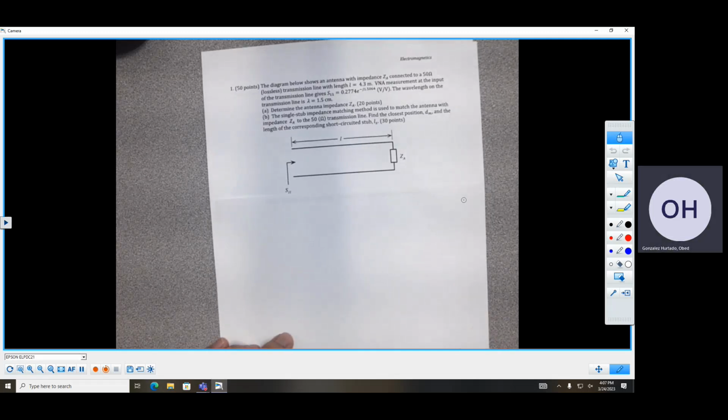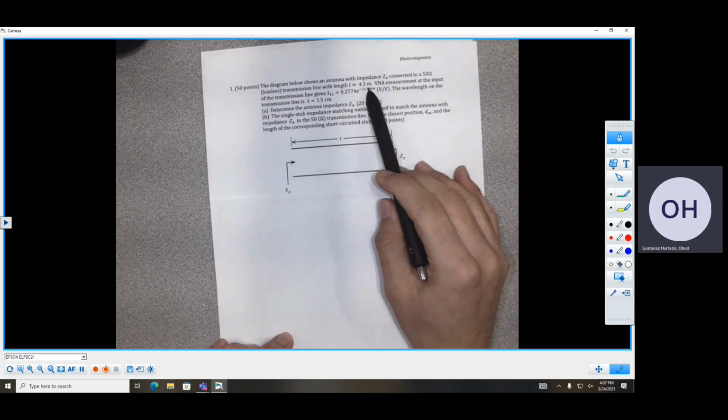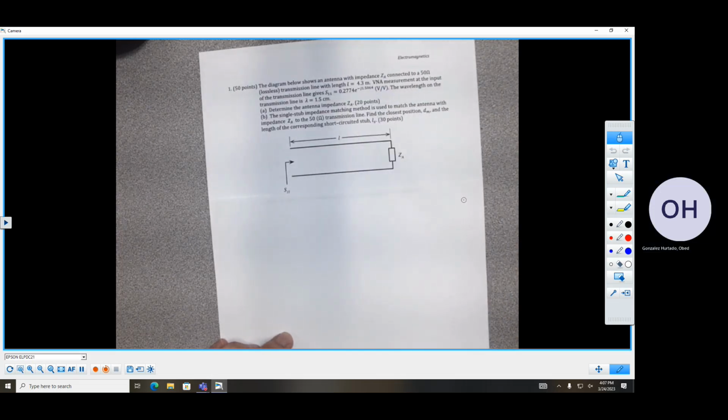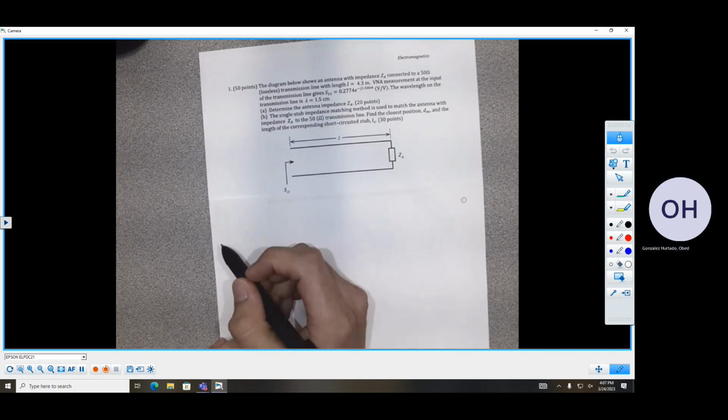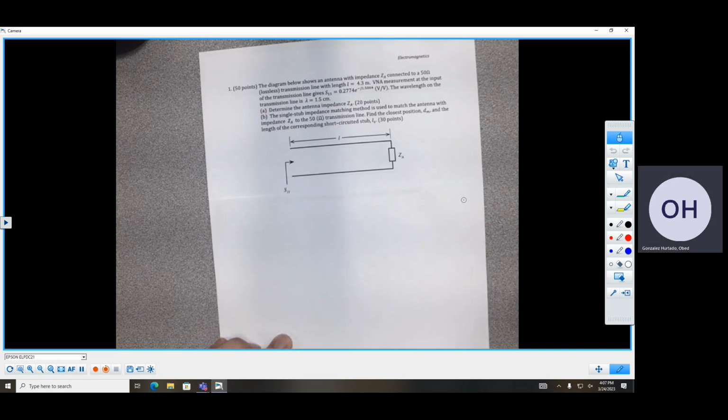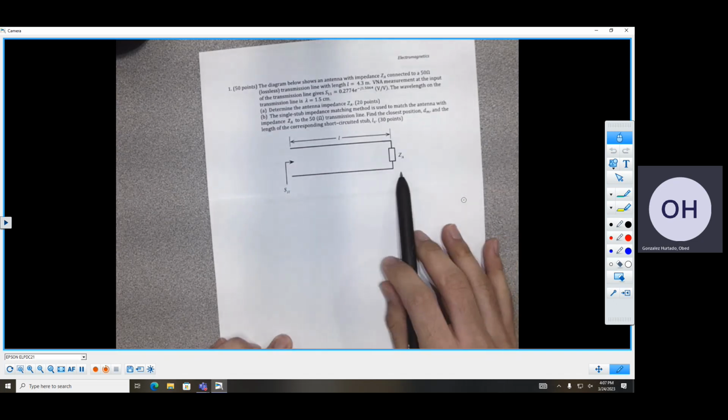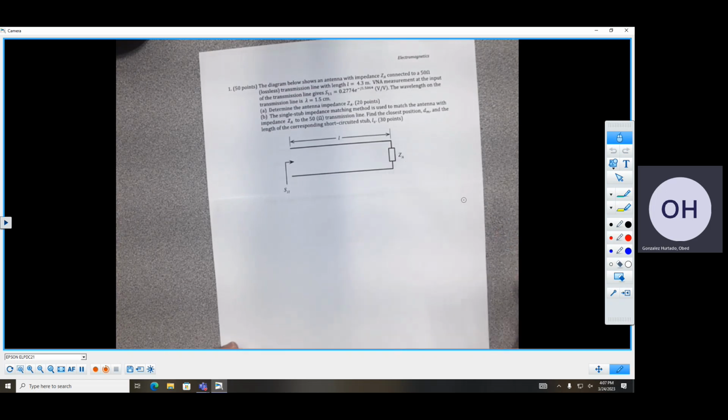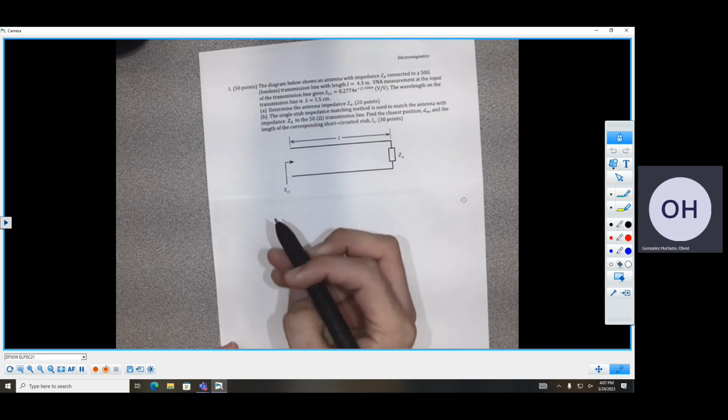So we know that Z naught, the length isn't in wavelengths, but we're given what the wavelength is. And then we're given what S11 is, which is right here. So for part A, we're asked to find the load impedance, so ZA. For that, we're going to be using S11.